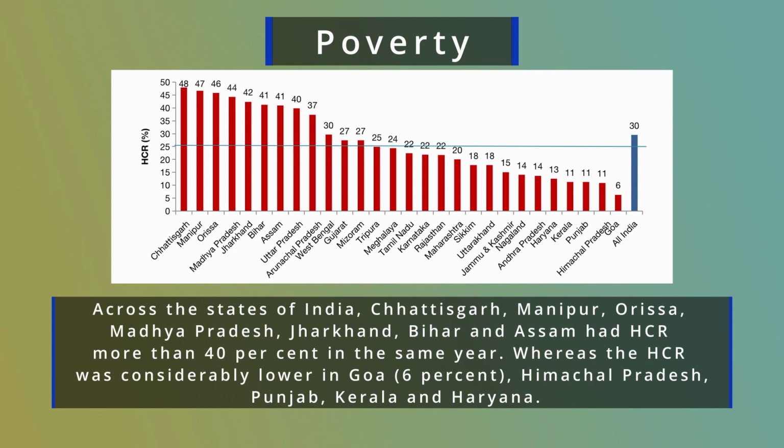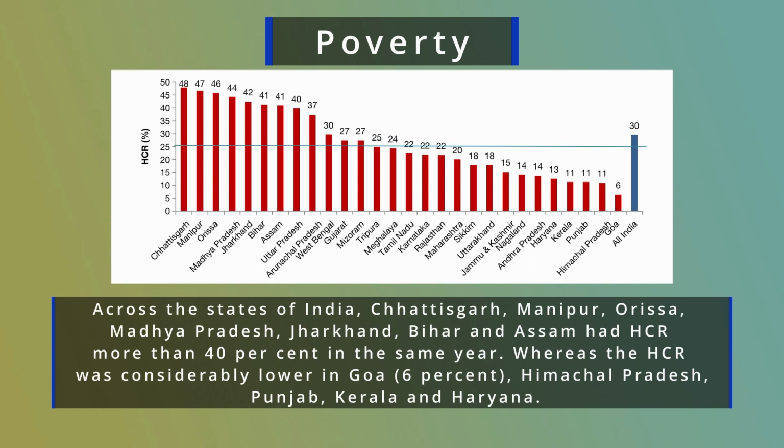Whereas this percentage of poverty or head count ratio was relatively low in case of Goa, it is only 6%. And in case of Kerala, Punjab and Himachal Pradesh, 11% each. In case of Nagaland, Andhra Pradesh, Haryana, the head count ratio is also relatively less. In all over India, the percentage of poor people was 30%.